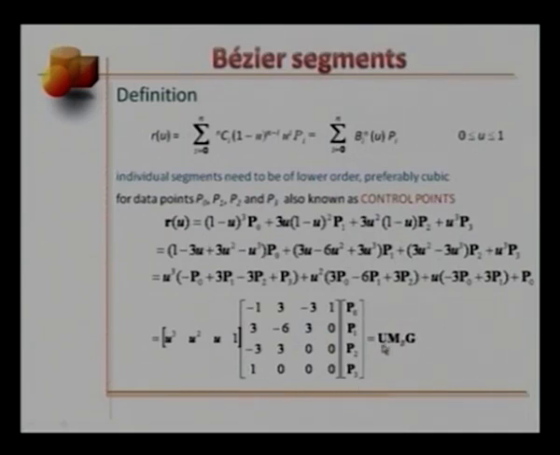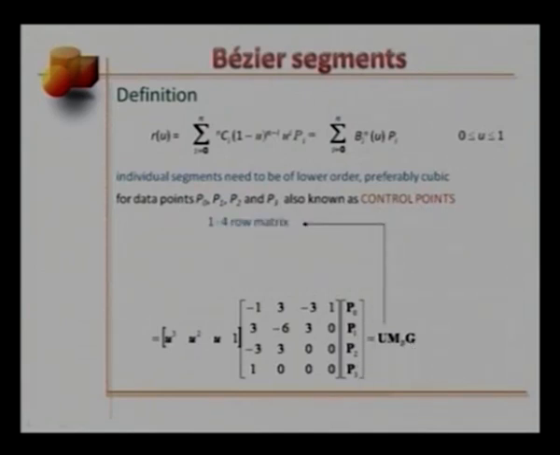In short, this 1 by 4 matrix is represented by capital U in bold. This 4 by 4 matrix is represented by M sub B, where B refers to the Bezier segment, and G is this geometric matrix.